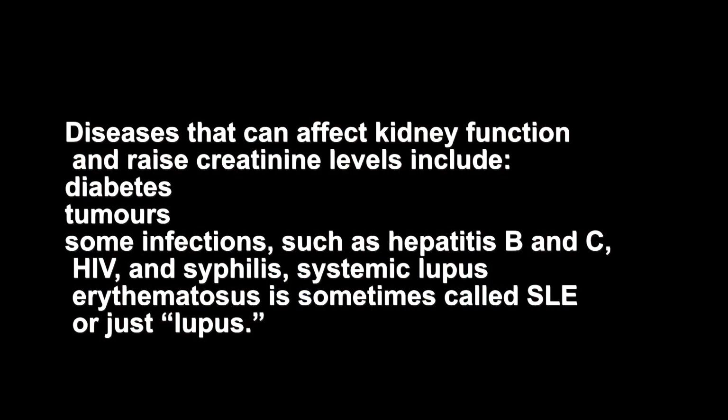Diseases that can affect kidney functions and raise creatinine levels include diabetes, tumors, some infections such as hepatitis B, C, HIV, and syphilis. Systemic lupus erythematosus is sometimes called SLE or just lupus. A doctor will recommend treatment if a person has high creatinine levels due to a kidney disorder. Diet and lifestyle changes may also help.